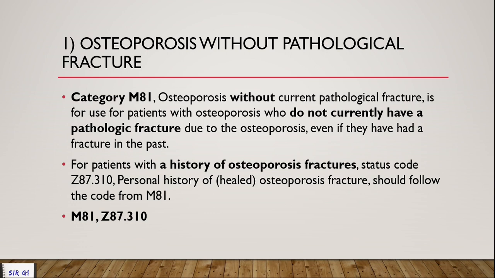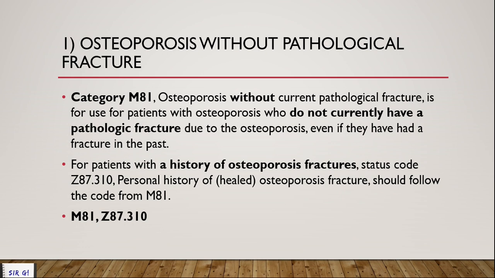For a patient with a history of osteoporosis fracture, status code Z87.310, personal history of healed osteoporosis fracture, should follow the code from M81. Just to capture the whole scenario of what happened to the patient, you may still use M81 and Z87.310 for the status code for the healed osteoporosis fracture.